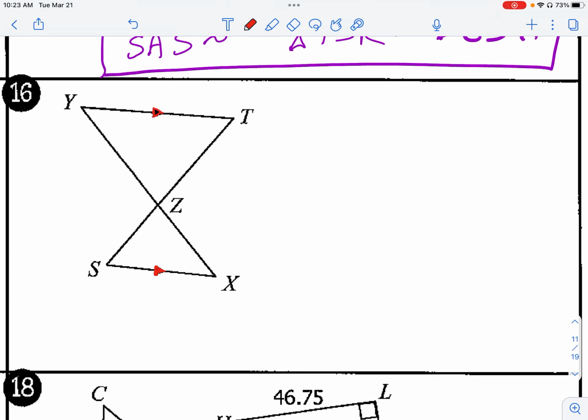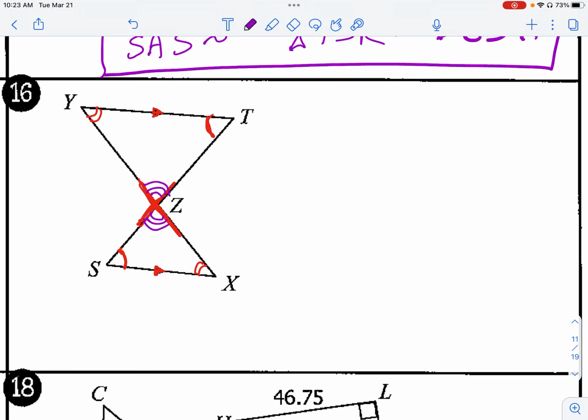Here we got arrows. So we know we're looking for alternate interior, alternate exterior, corresponding, or consecutive interior angles. So this and this are alternate interior. So we got that same thing on the other side. Or we could have taken our x to get a vertical angle as well.